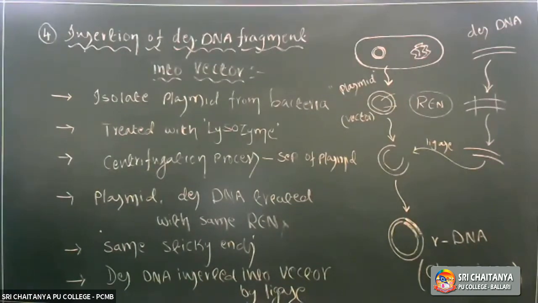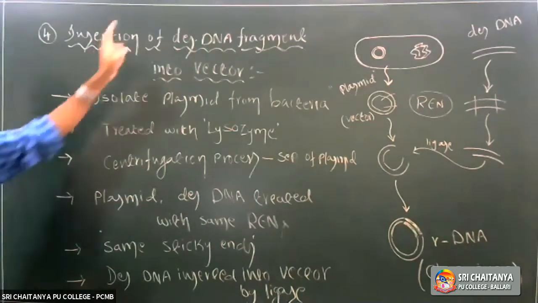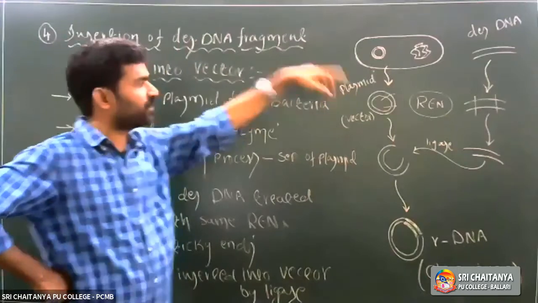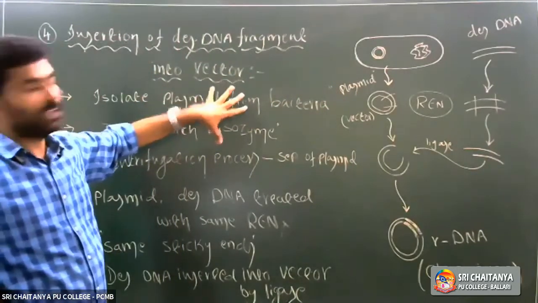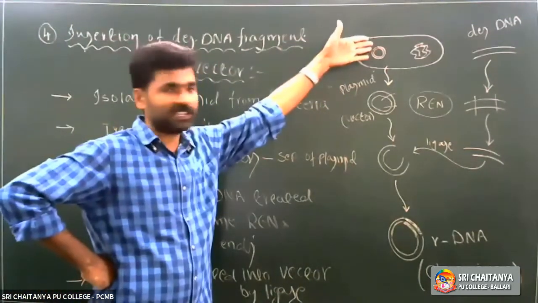The fourth step is insertion of the desirable DNA fragment into the vector. For this, first we need to collect vectors, which we collect from bacteria.